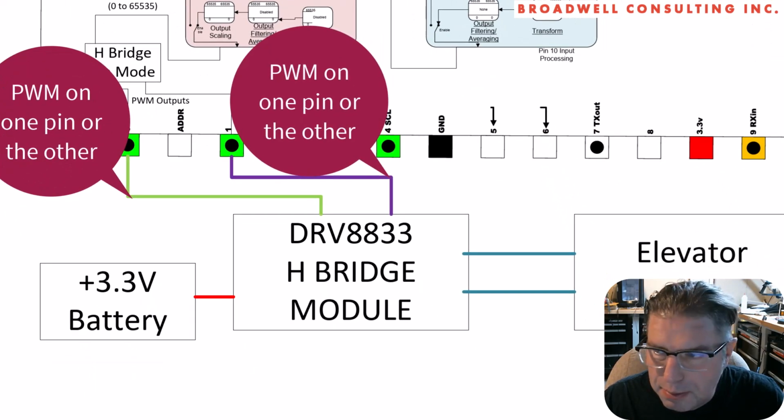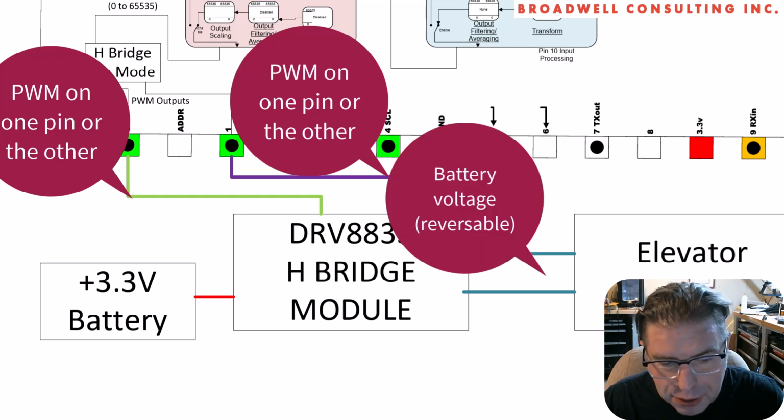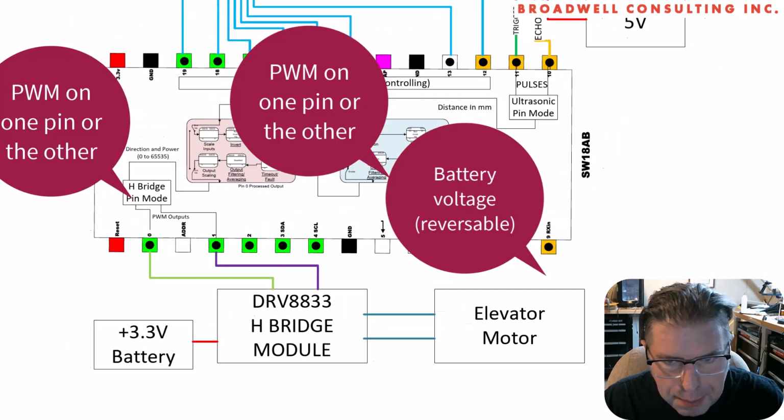The H-bridge pin mode therefore uses 2 pins to output direction and power. That went to the DRV8833 H-bridge module, a FET-based module, that was controlling the elevator motor. It got its power from a 3.3 volt battery. We noted that we had to be careful to keep this far enough away from our other electronics that those wires didn't transmit enough noise to mess us up.